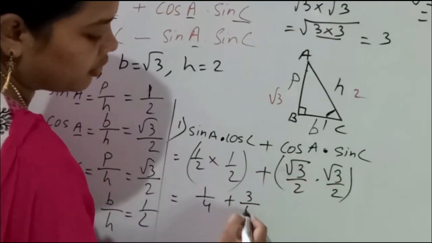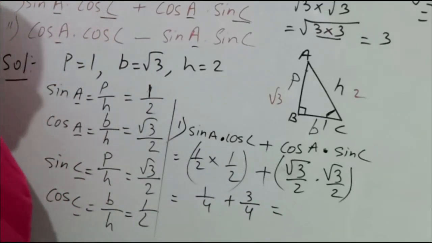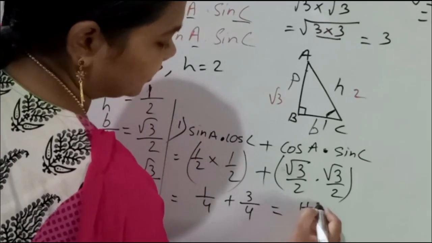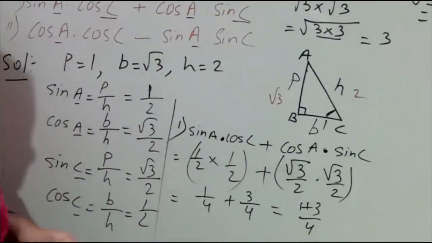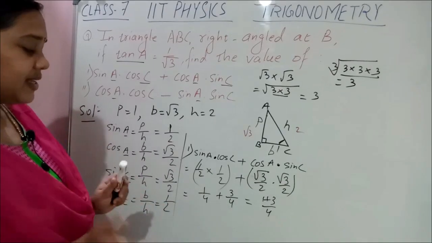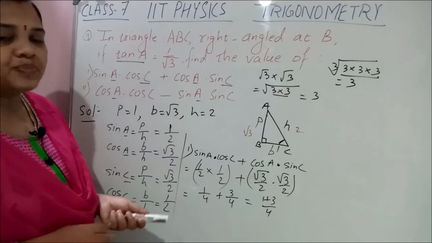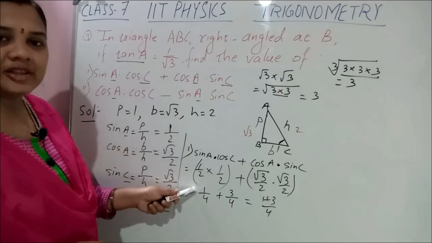Now multiply: 1 by 2 into 1 by 2 is 1 by 4, plus root 3 into root 3 is 3, 2 into 2 is 4. The denominators are the same, so you have to add the fractions: 1 plus 3 by 4. You already know how to add fractions: take the LCM of the denominators. The LCM of 4 and 4 is 4. Divide the LCM by each denominator and multiply the quotient with the numerator.